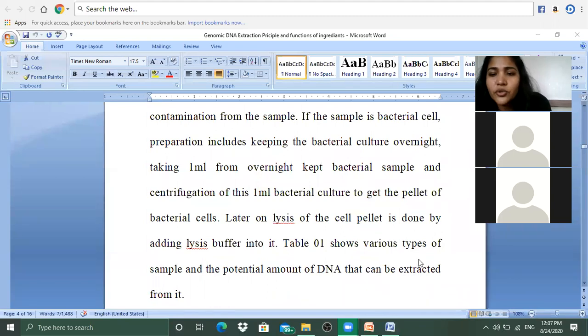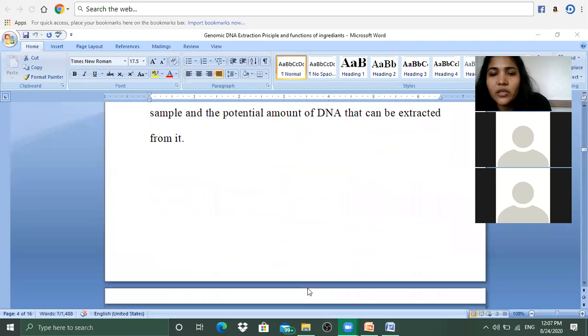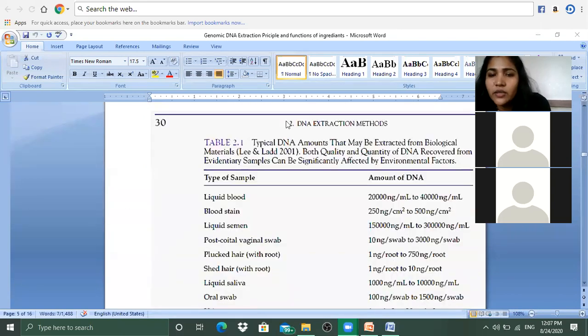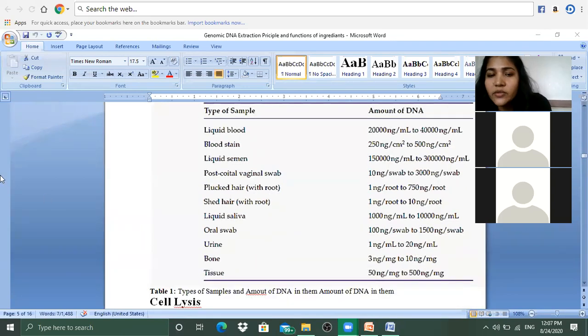Table 1 shows various types of samples and the potential amount of DNA that can be extracted from them. So from all these samples, how much DNA you can obtain is shown over here. You can see oral swabs can give you around 100 nanograms per swab to 1500 nanograms per swab.